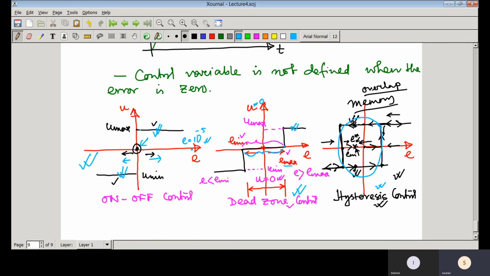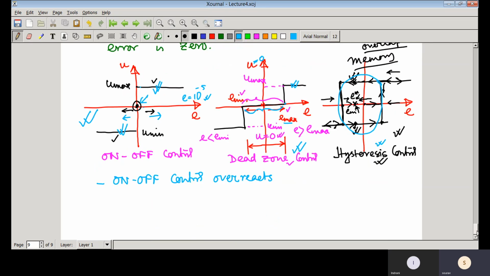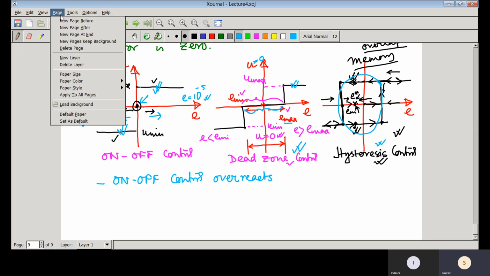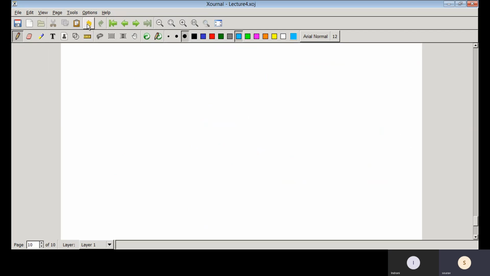That means this on-off control overreacts. So to overcome these disadvantages of those control strategies, we use PID type control. So let us start discussing that PID control strategy.